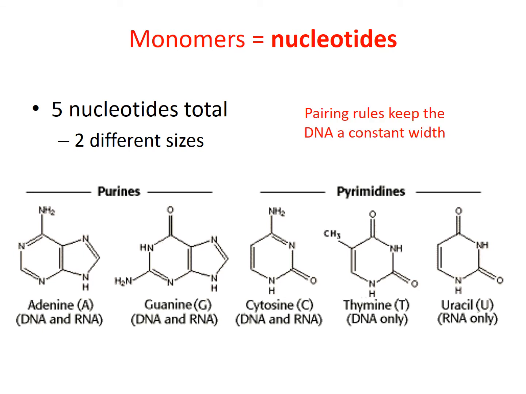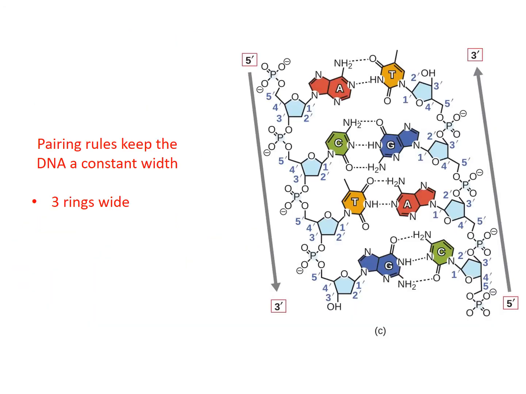In DNA, there are pairing rules that keep the DNA a constant width. Notice there's 1 ring there, a 2nd ring there. So a purine always pairs opposite to a pyrimidine, and you get a DNA that is a constant width of 3 rings wide. Here's what this looks like in a chemical model.